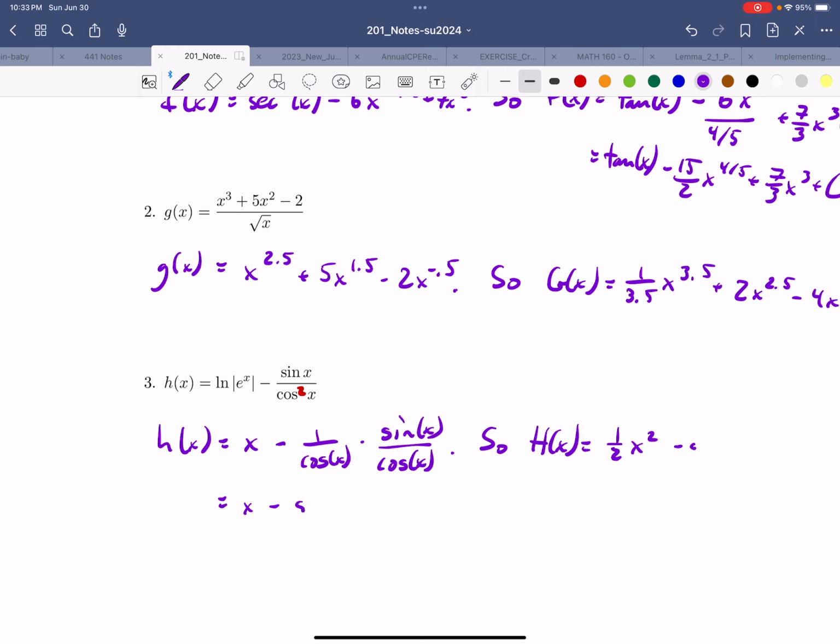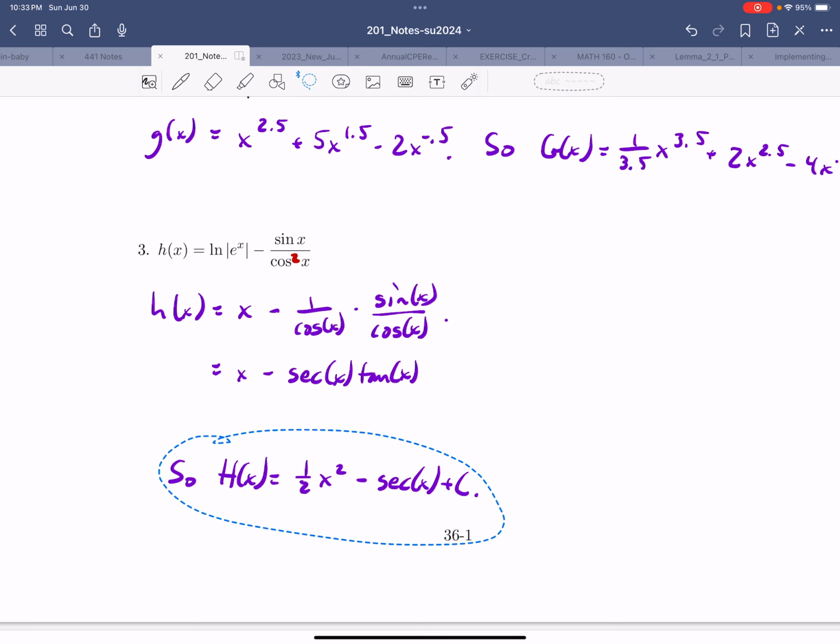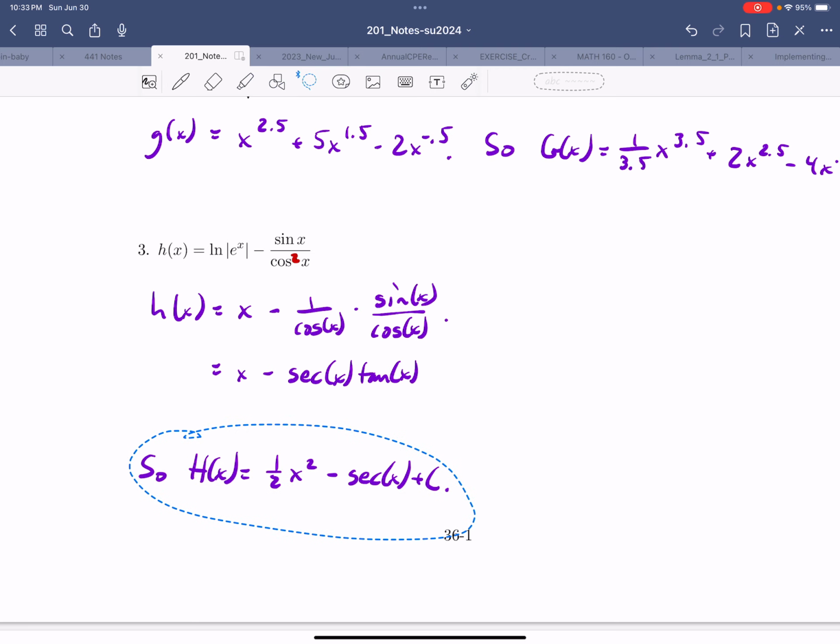This is x minus secant of x tangent of x. So big H of x is 1/2 x squared minus secant of x plus c.